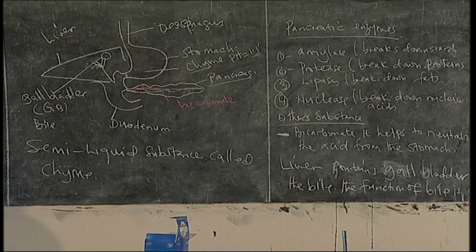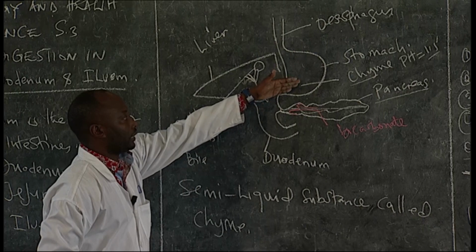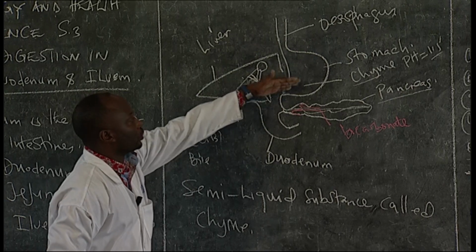So that is the digestion in your duodenum in simple understanding. Once the food is released from the stomach as chyme, it is going to be released into the duodenum.